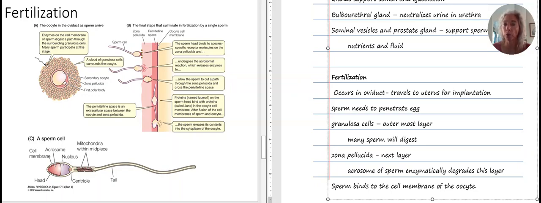Very few sperm will make it to this point, and only one sperm will fuse to the membrane of the cell and empty its cytoplasm into the oocyte. A reaction occurs within the egg, preventing another sperm from being able to fuse with the cell membrane. This egg is now fertilized, and we call it a zygote.